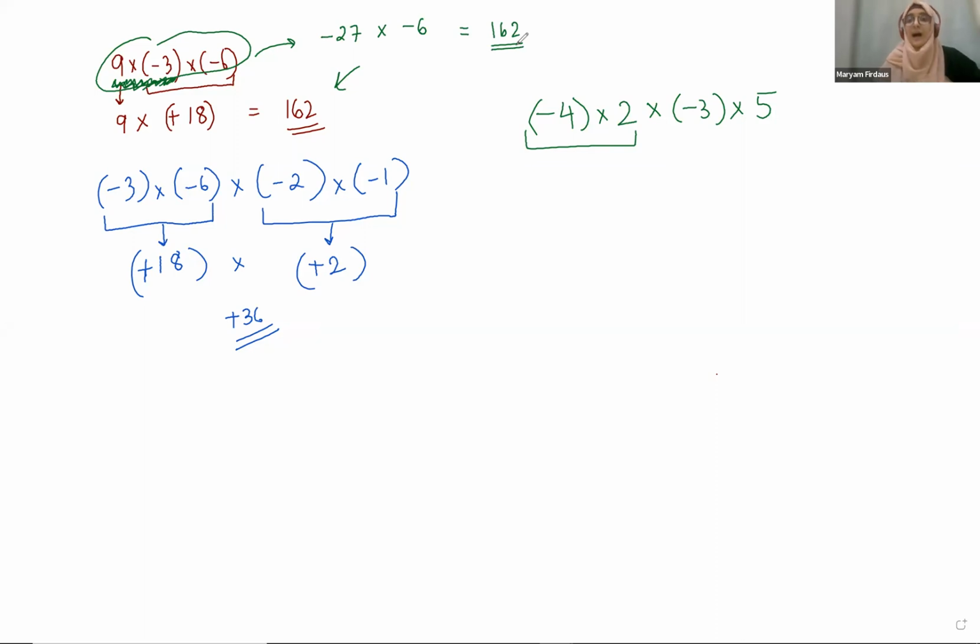So no matter how you multiply it, whether you multiply these two first, or these two first, or negative 4 and 5 first, it is always going to give you the same answer. Because of which property, can you tell me? Which property of multiplication? The commutative property. Hiba, can you tell me what the commutative property says?